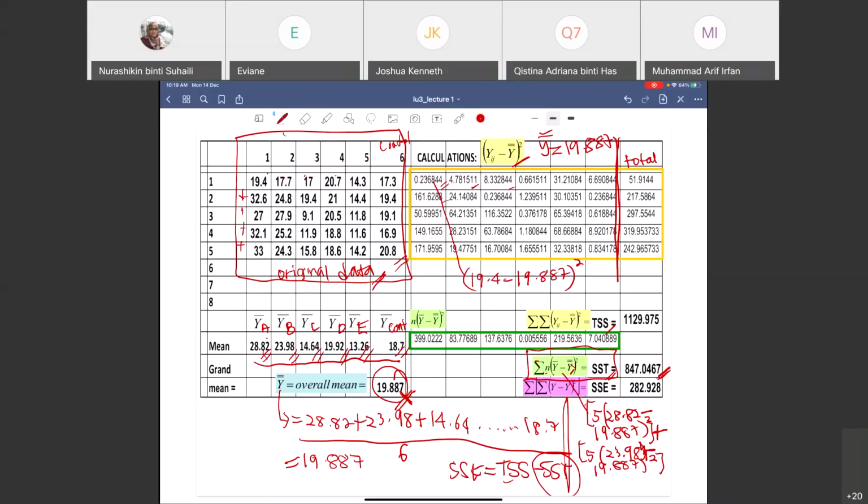The same thing goes for the next one, 17.7 minus 19.887 squared, you got 4.7815, and you solve for the rest of it. So Yij is referring to each of the data. You got it? That's how you got all the values here. Okay? Is it clear, everyone?